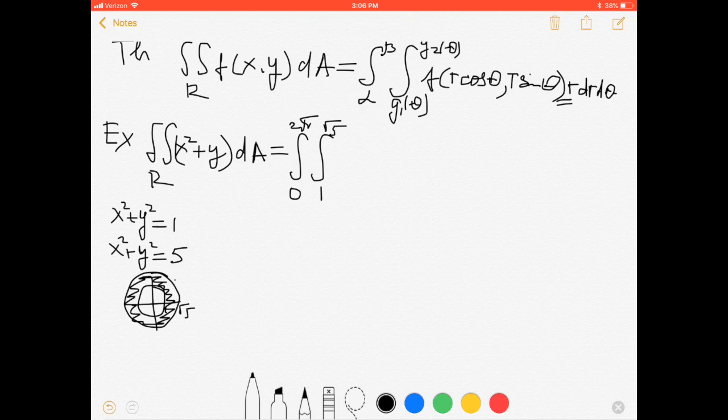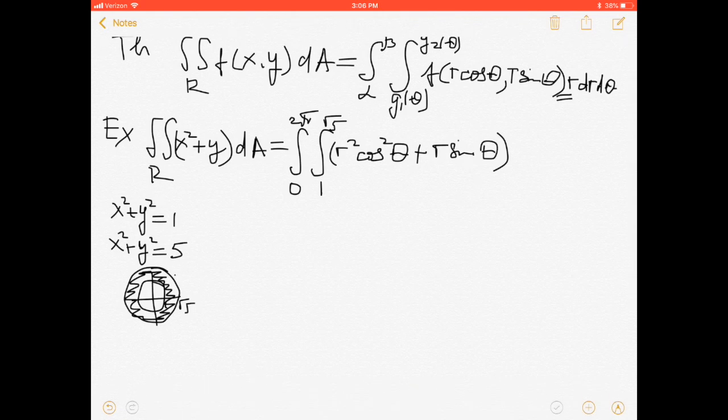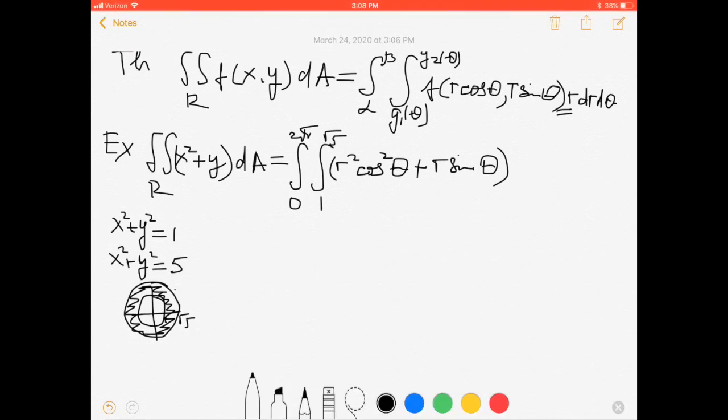Here we plug the new variables into our function. X squared will be r squared cosine squared theta, and y will be r sine theta. Then you remember in the formula we have r dr d theta. This is an integral that doesn't have a problem, but we continue solving.